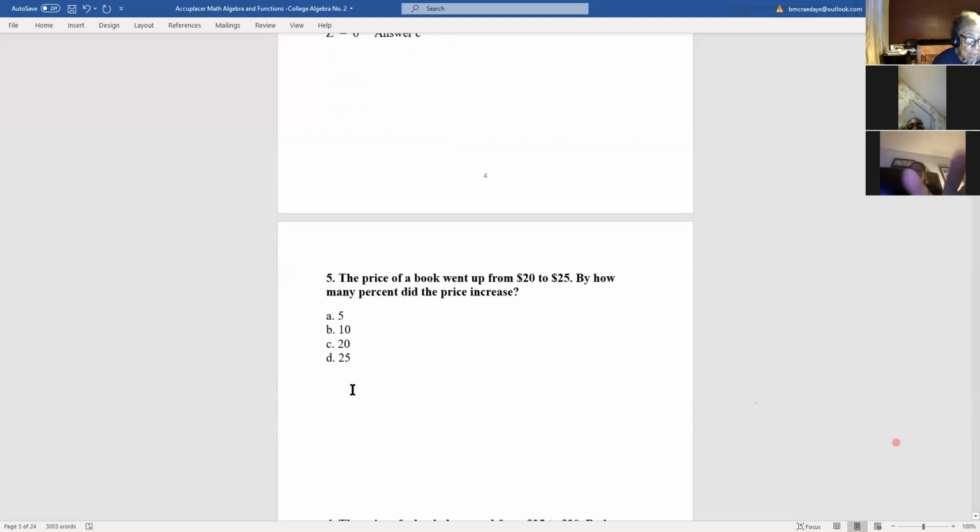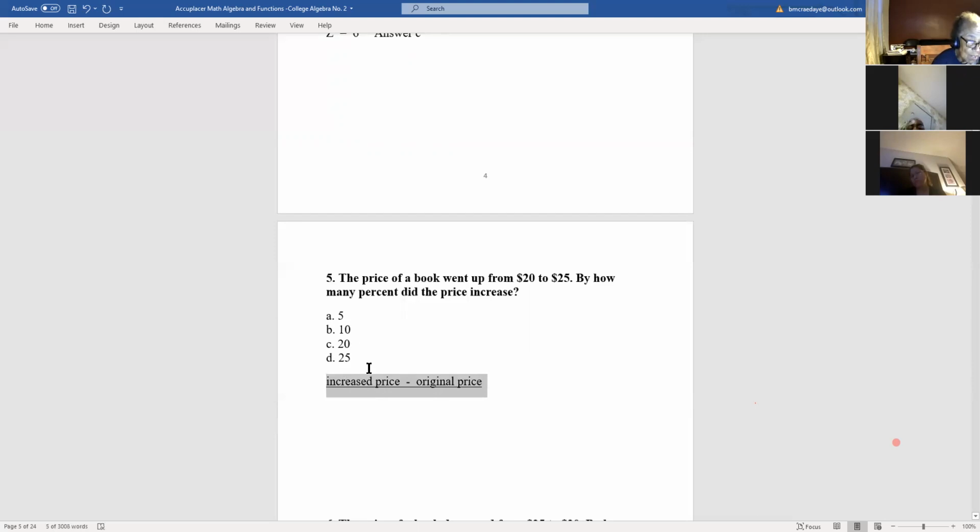So it's going to be what? Increased price minus original price, divided by the original price.